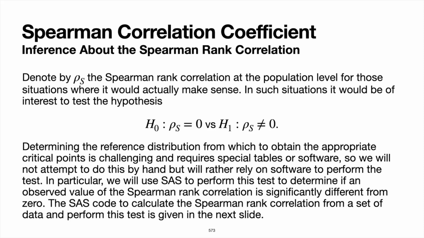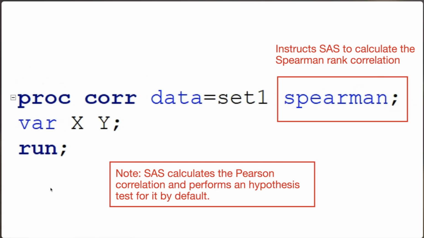So how do we instruct SAS to calculate a Spearman rank correlation for a sample? And how do we instruct SAS to perform this particular hypothesis test? Well, it's very, very easy. This is the SAS code to do a correlation analysis, and in particular a Spearman rank correlation analysis.